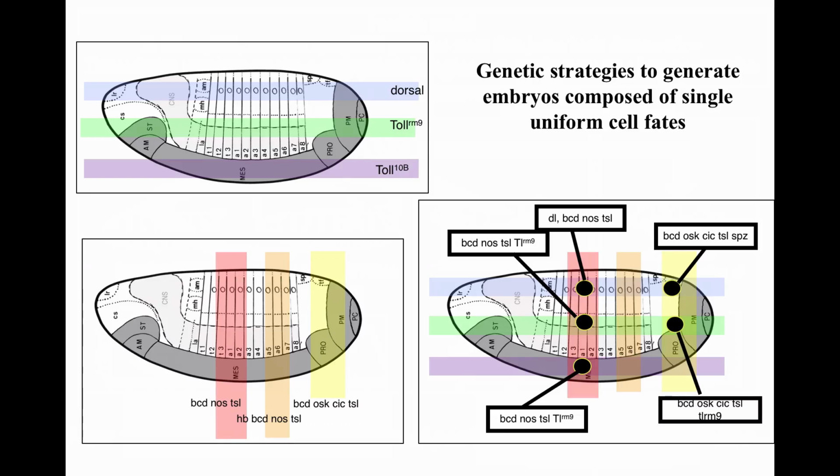So the idea is to make uniform embryos, all of which are composed of the same cell type, and then ask, how do these embryos develop?